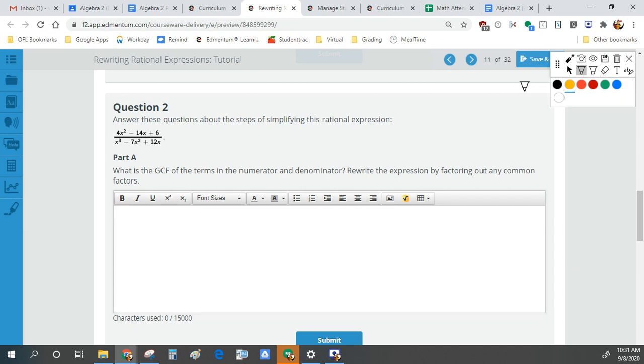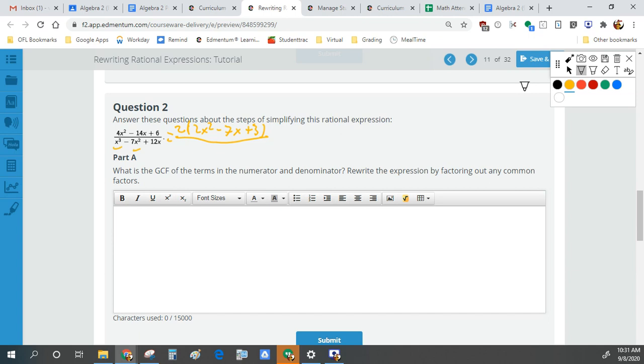So first things first, I want to do equals. I can take out a 2 from all three of these. So I'm going to take out that 2 and leave it as 2x squared minus 7x plus 3. I'm just dividing everything by 2, but I'm leaving that 2 there.